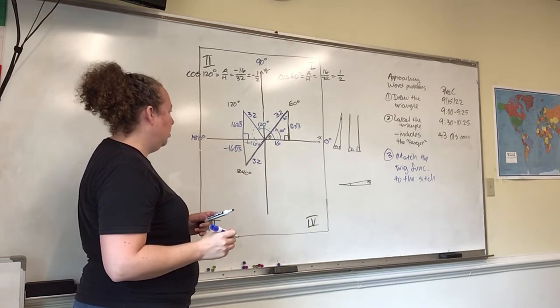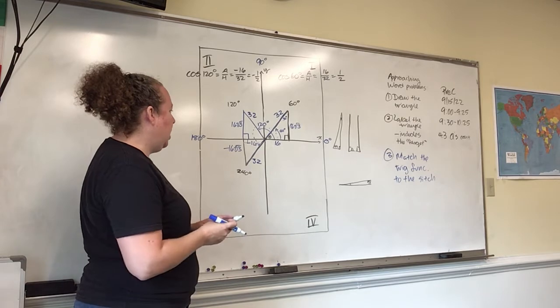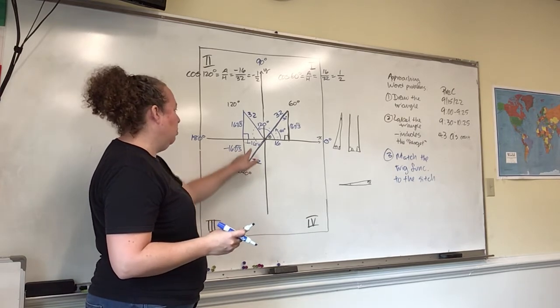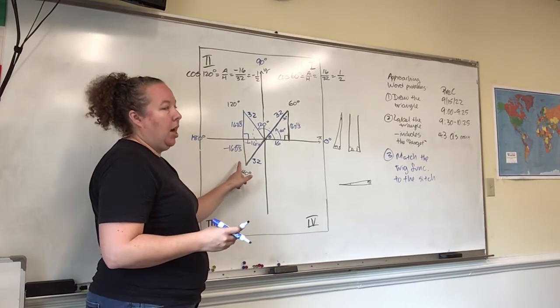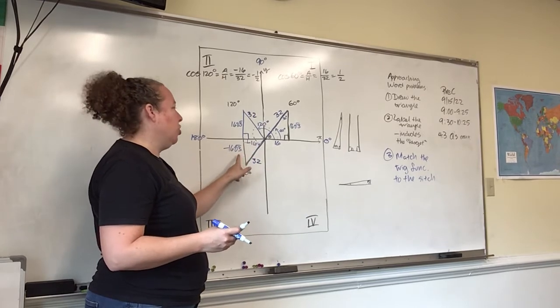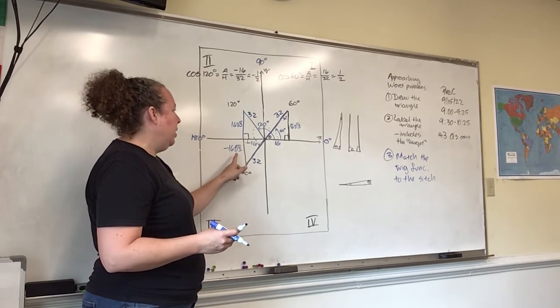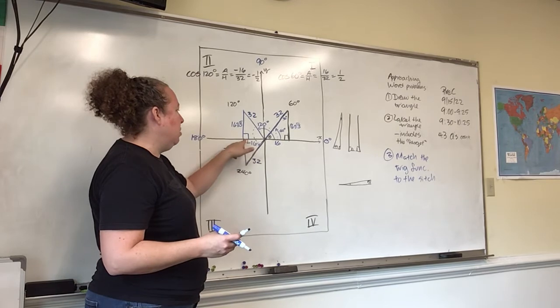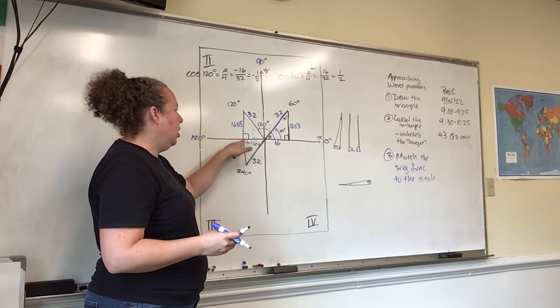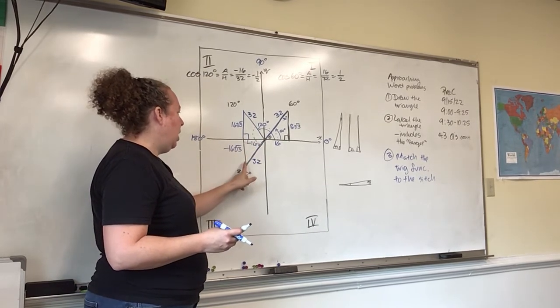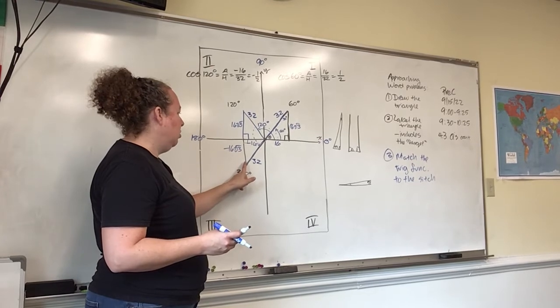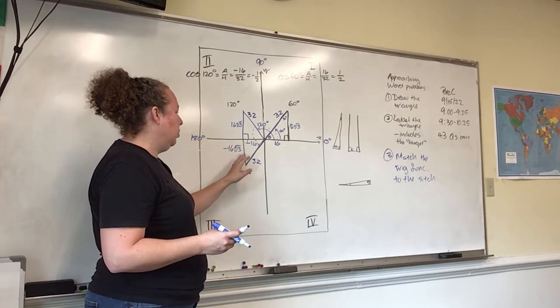So we can now see that in quadrant 3, both sides, both legs of the triangle, are negative, and so that is going to impact both adjacent and opposite. They're both negative.